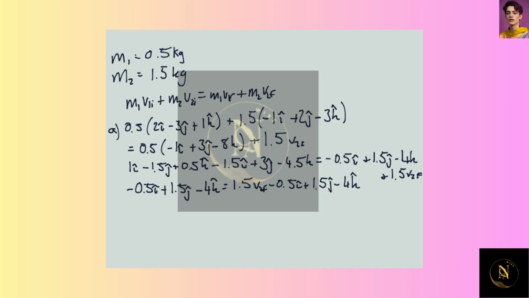We'll bring these three onto the other side of our equal sign, and what you should see is that they are both the same. So V2F is actually equal to 0 meters per second. And for it to be 0 meters per second, it has to be inelastic, because they're both moving at the same final speed, Vf.